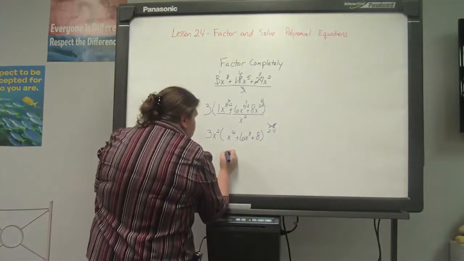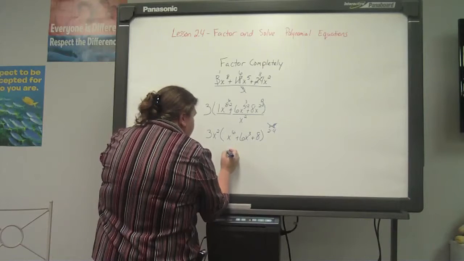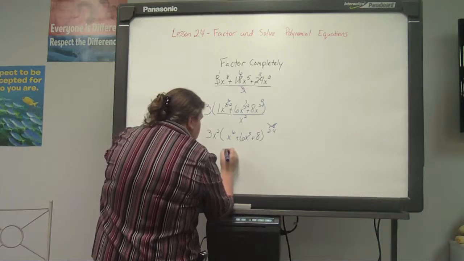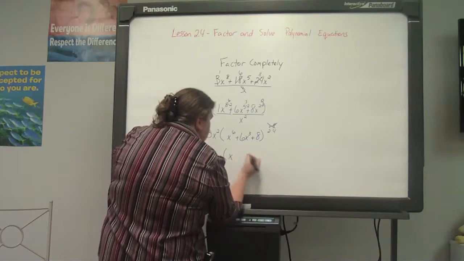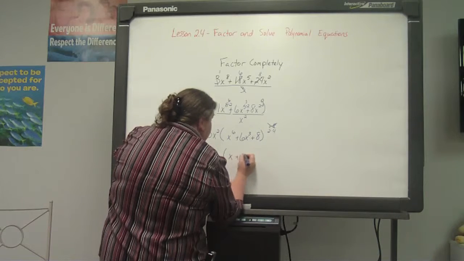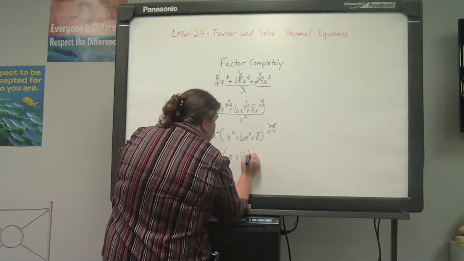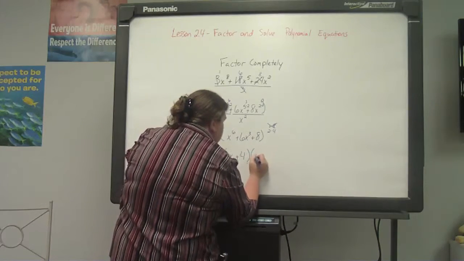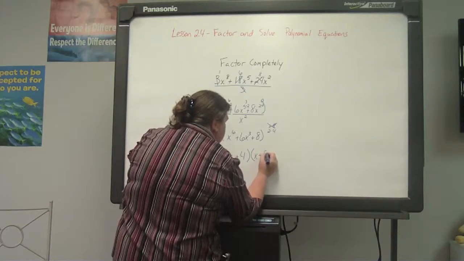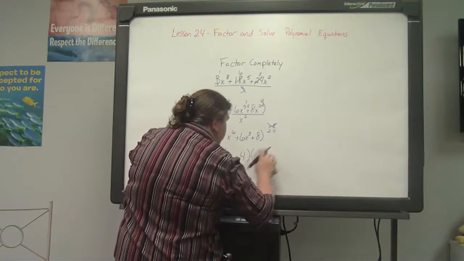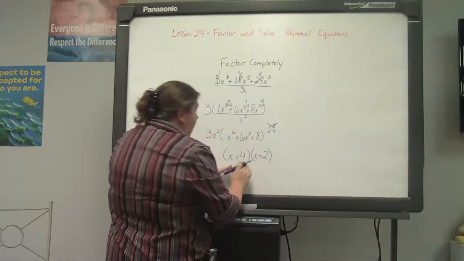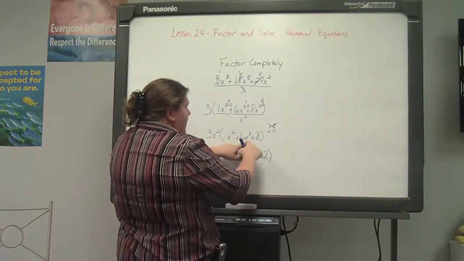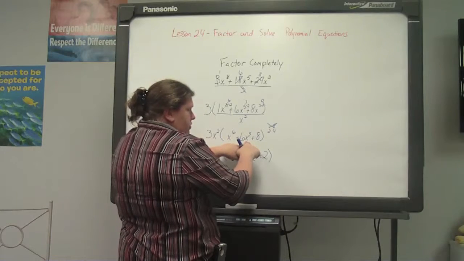I have to look and say, okay, well, if I want to do x plus 4 and x plus 2. I'm looking at the wrong thing. Now, I have that part done, but I've got to get to my cubed. All right?